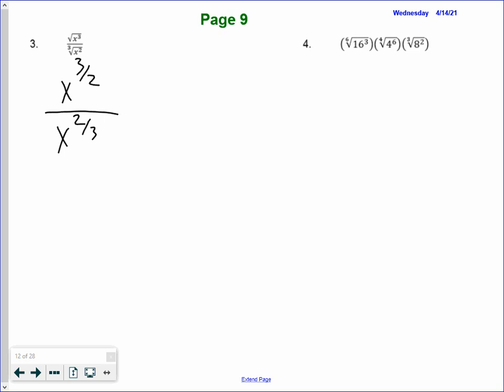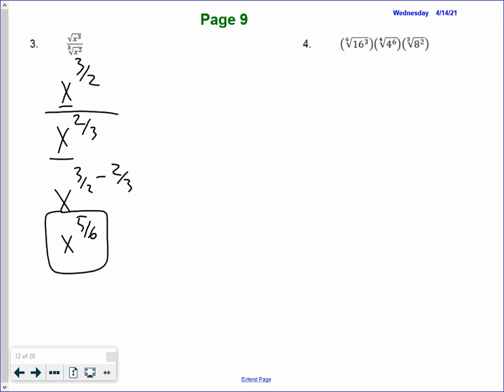So we have x to the 3/2 divided by x to the 2/3. We have the same base on top and bottom, so we're going to subtract the bottom exponent from the top one. So x to the 3/2 minus 2/3. If you solve that out, you should get x to the 5/6. You're just subtracting fractions.